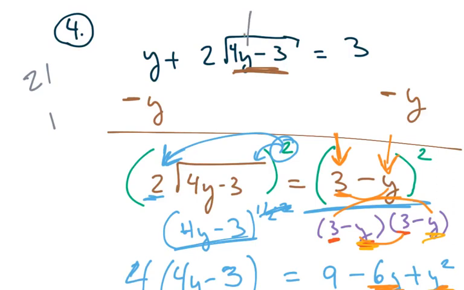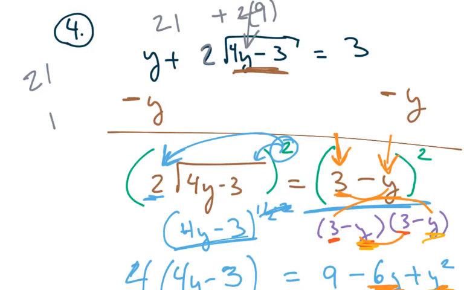So if I put 21 in here, we get 21 times 4, which is 84. 84 minus 3 is 81. The square root of 81 is 9. So if I do 9 plus 21, I'm sorry, I get 9 times 2 here, because we still have the 2.